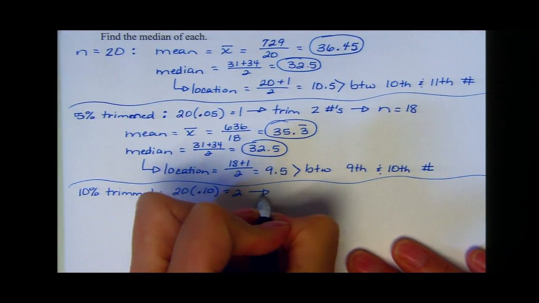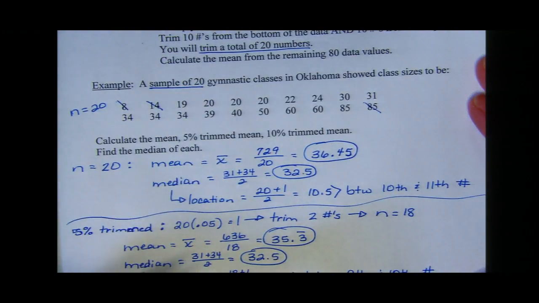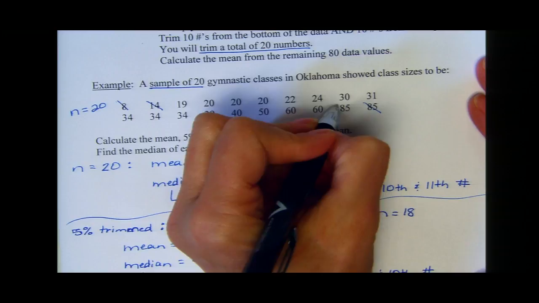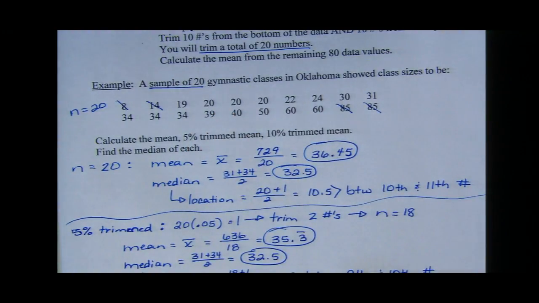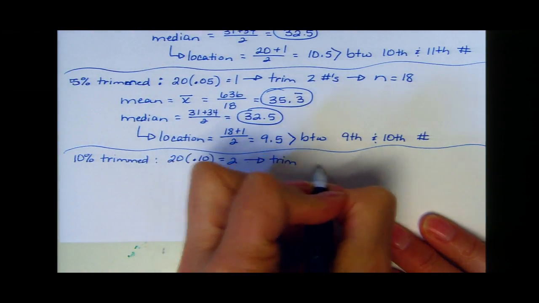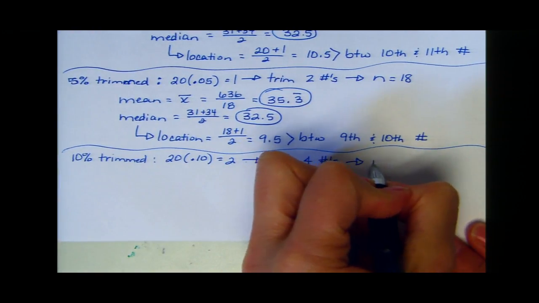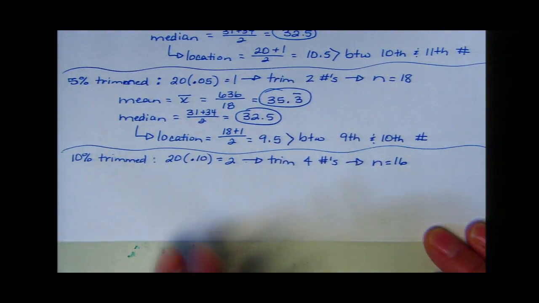So that tells me to trim 2 numbers that are the smallest, and 2 numbers that are the largest. So that tells us we're going to trim 4 numbers, and I'm left with 16 values.